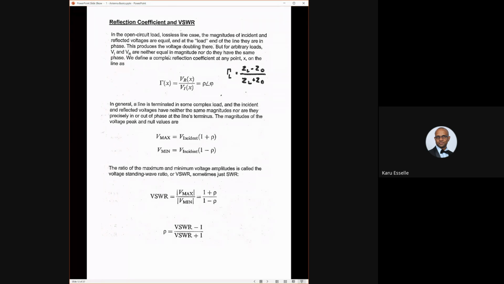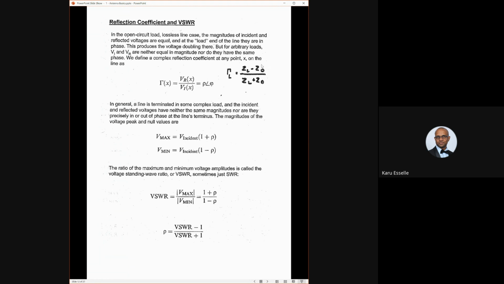So in general, in a transmission line, right, there's an incident wave and a reflected wave. And in general, because you have a transmission line that has a characteristic impedance, usually Z0 is the characteristic impedance of the transmission line.